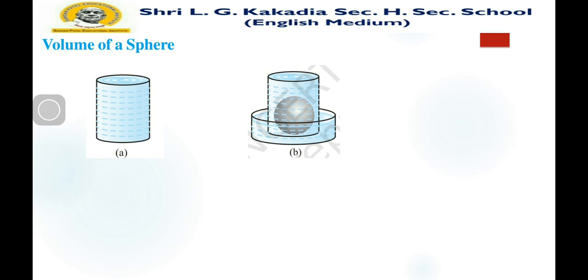After that we measure the volume displaced by the sphere, and we find mathematically how much the volume of this displaced water is, and we know that the volume of the displaced water is equal to the volume of the given sphere. This method was given by Archimedes.